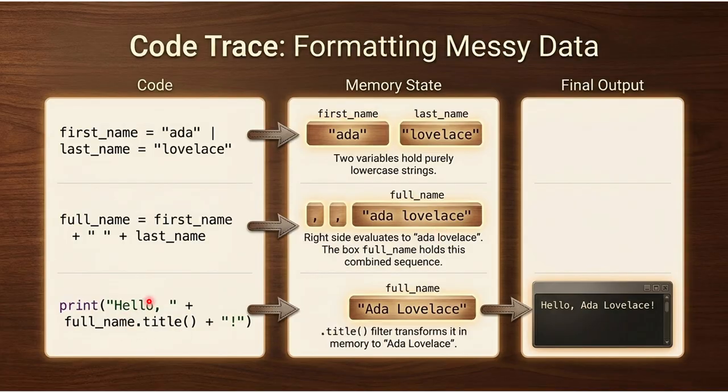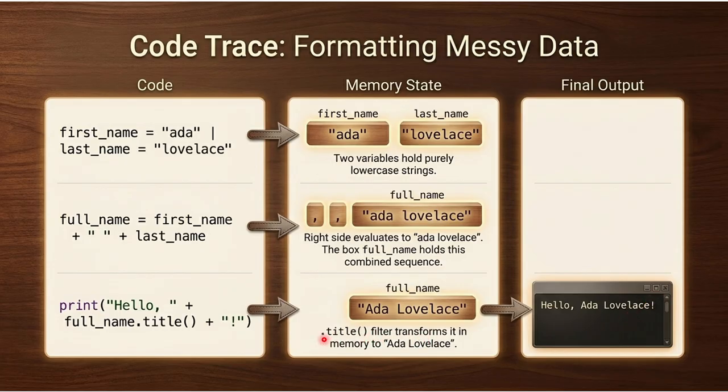Ada Lovelace. And we applied the title method, so it will capitalize this first character, A, and this L character. So it will become Ada Lovelace, and then after that we will have an exclamation sign.